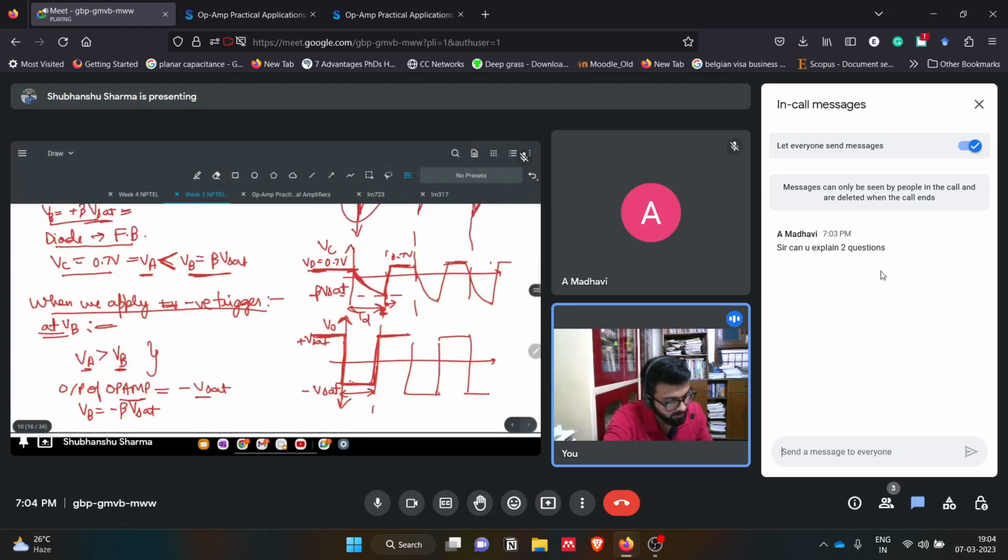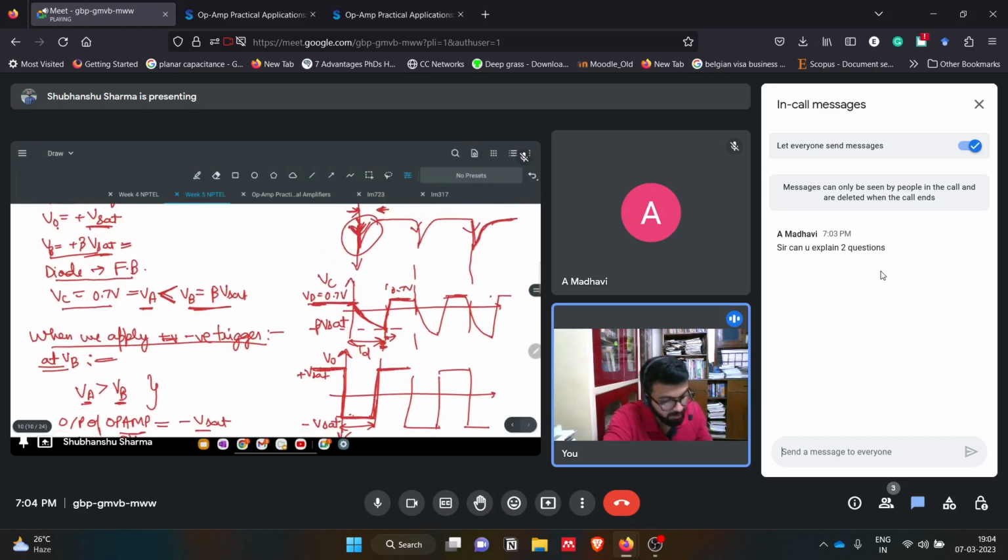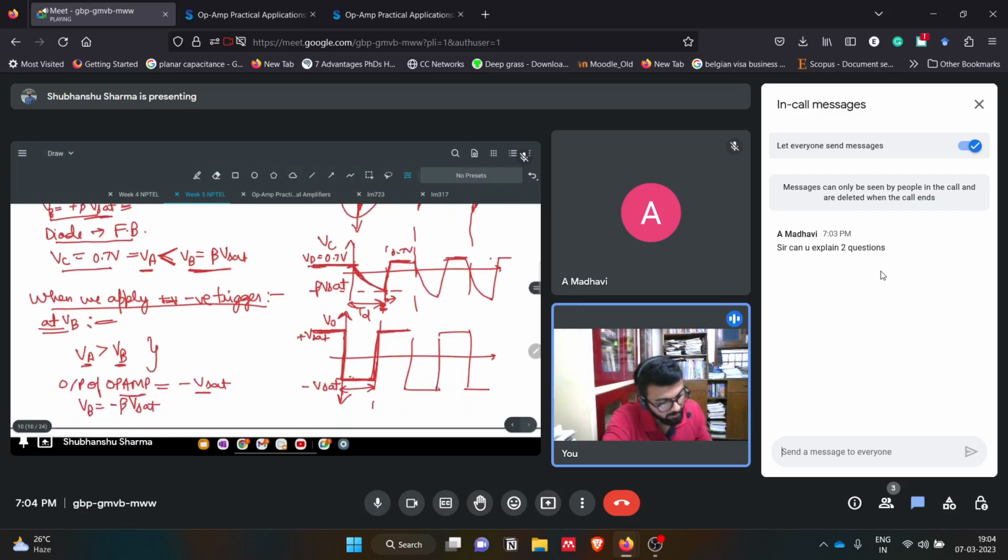So the input signal which we are giving, the trigger signal, is very small here. It is being stretched to a pulse having more width.